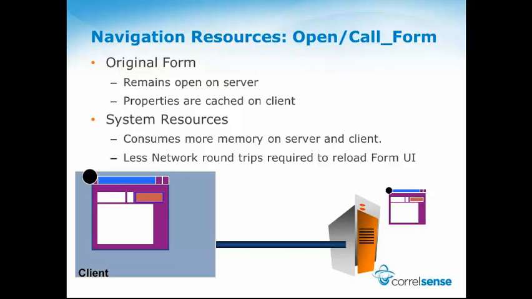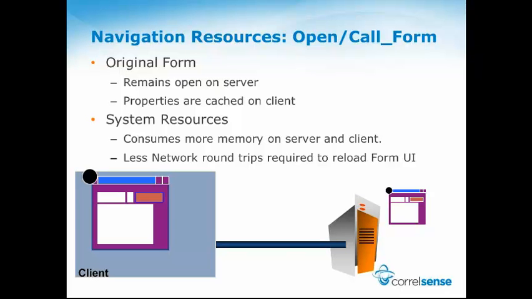So there are 2 different types of resources that are used for open form and form navigation. One type is called open form and call form. These actually leave the original form open on the server, and the properties are then cached on the client. So this, of course, consumes memory on the client side, but it reduces the amount of network trips needed to reload that same form when you've called a second form, right?